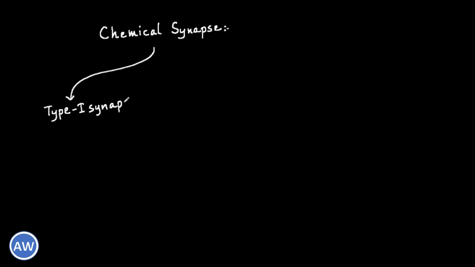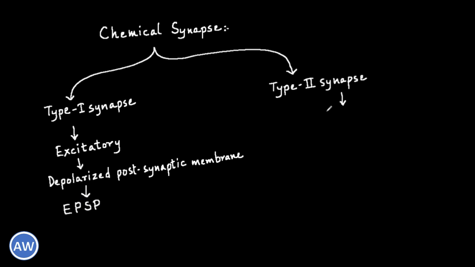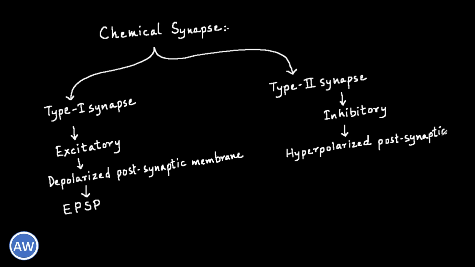In general, the type 1 synapses are excitatory so that the postsynaptic membrane of the effector cell becomes depolarized, initiating an excitatory postsynaptic potential or EPSP. Conversely, the type 2 synapses are usually inhibitory, initiating an inhibitory postsynaptic potential or IPSP so that the membrane of the effector cell becomes hyperpolarized, causing it to become less responsive to attempts at depolarization.